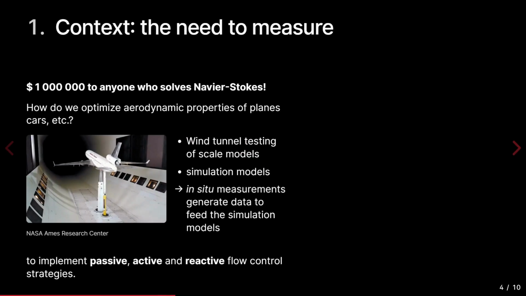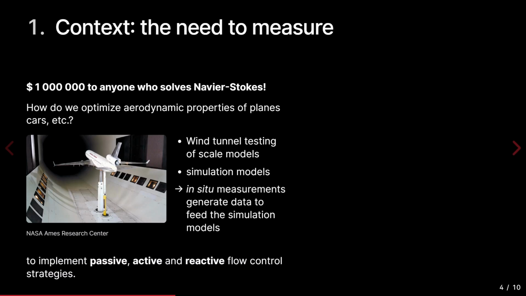So why do we need to measure in the first place? I think you all know that Navier-Stokes is a millennium problem. So $1 million for whoever can prove the existence and uniqueness of the Navier-Stokes equations. So people, in order to optimize geometries for planes, cars, trains, they need to do real-life measurements.